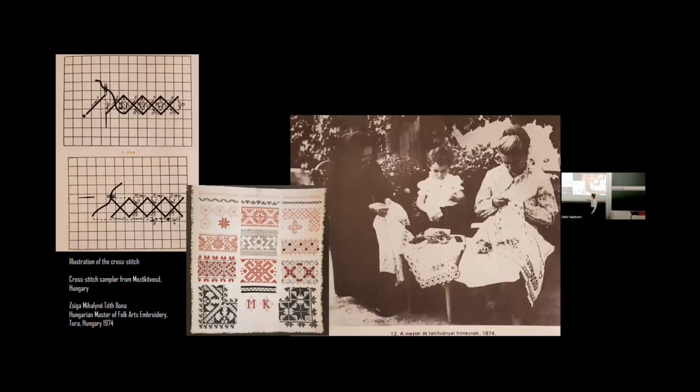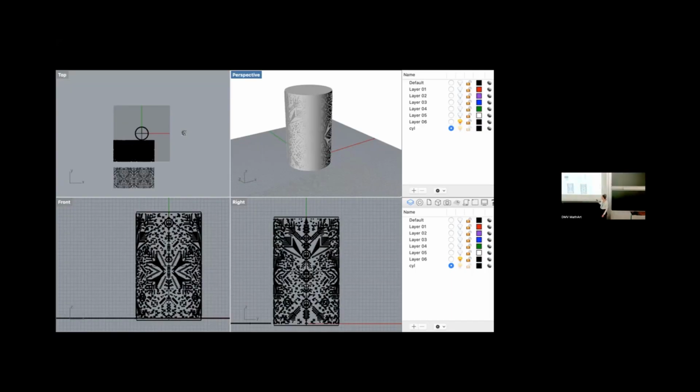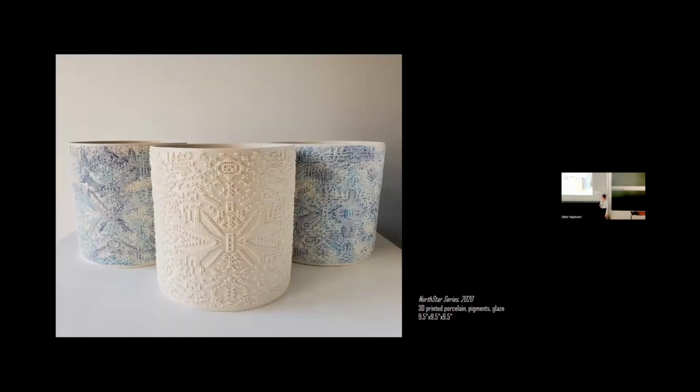What I do instead is take fragments of a pattern, something like the border here, and put it into Rhino, and Rhino allows me to apply rules of symmetry, reflection, translation, all kinds of things to it, keep layering that, and then edit those layers until I find another pattern emerging. So these are not traditional patterns. These are patterns that emerge by layering and repeating these patterns. And this is what they look like on the finished ceramics.